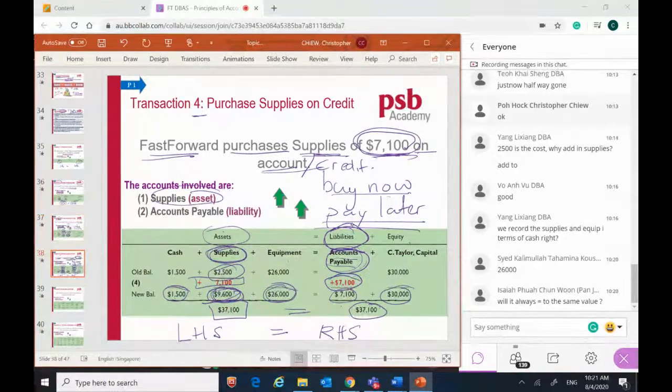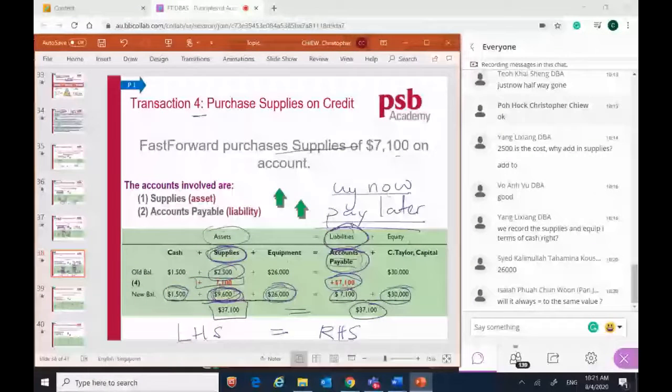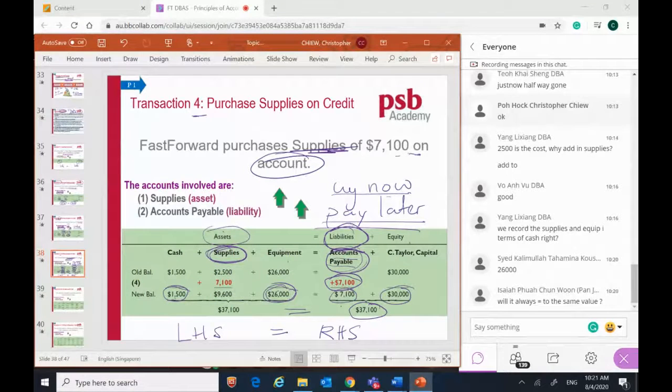So look at this transaction number 4. Can you see we purchase the supplies, but this time round is on account. That means we did not pay. So as long as we buy your supplies, the supply value will go up. So it'll go up by 7,100. So your supplies will go up.